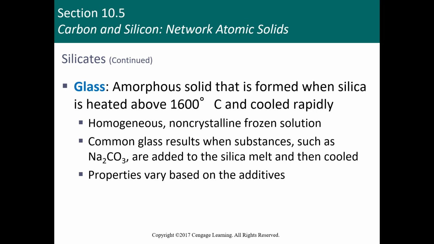If you take silicates and heat them above 1600 degrees Celsius and cool them very quickly, too fast for them to settle back into the lowest energy structure, which would be the crystal, what you will get is a glass. And glass is, yes, of course, what you use in windows. But glass is a type of substance. It's an example of an amorphous solid.